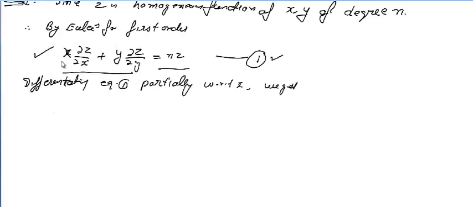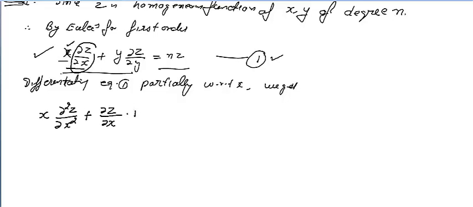Very interesting to see. This is u into v: x outside, derivative of ∂z/∂x, the double derivative ∂²z/∂x², then ∂z/∂x outside, u into v, and the derivative of x with respect to x is 1.